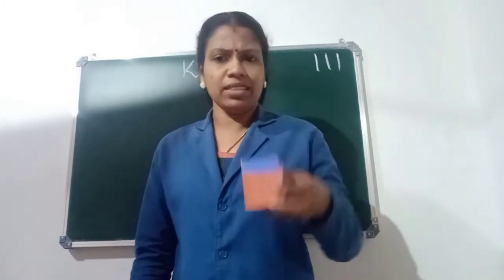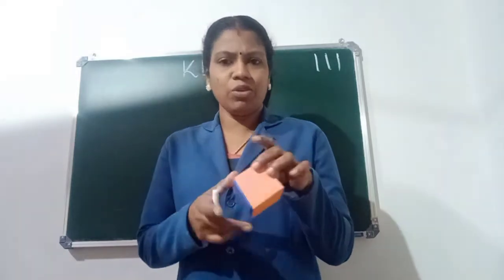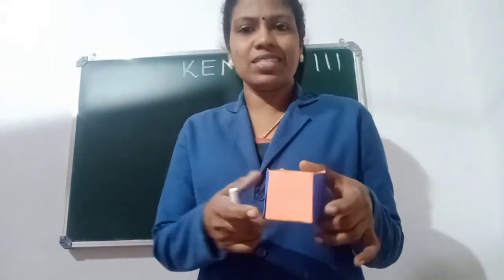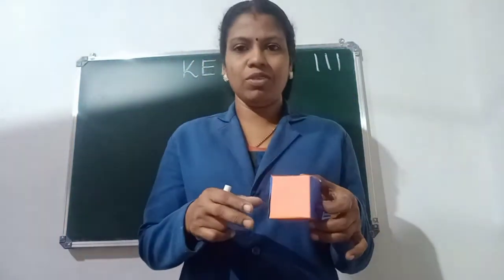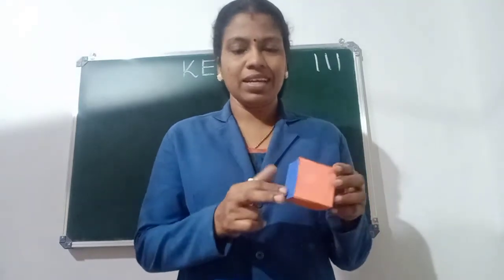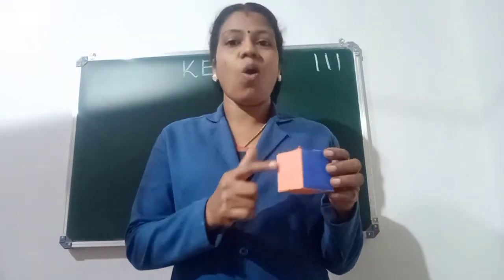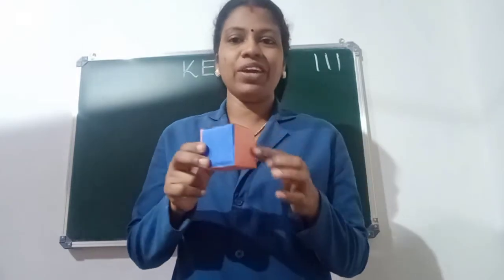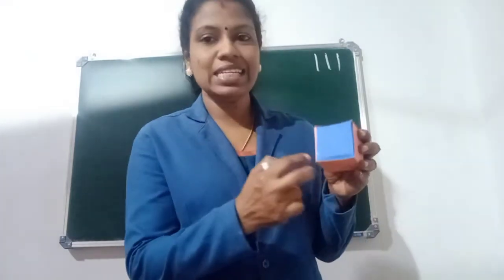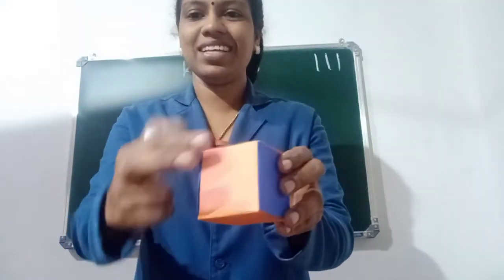Do you see any other feature? Look at the cube carefully. What do you observe? Yes, look at the faces of the cube. What do you see? Yes, very good. All the faces of a cube are in the shape of a square. See this.